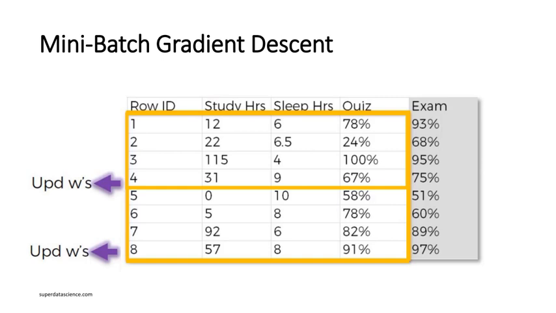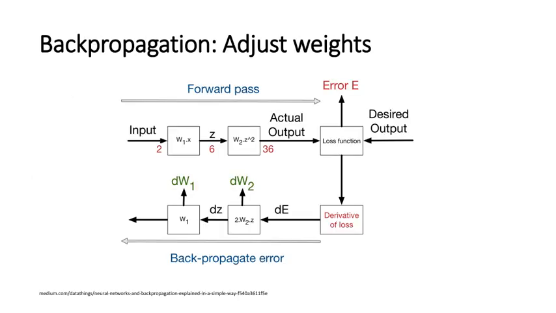In the middle you have mini batch gradient descent, where you adjust the weights after, let's say, every 4 rows, and then again after the next block. This is also an approach we will consider and see in the next examples.